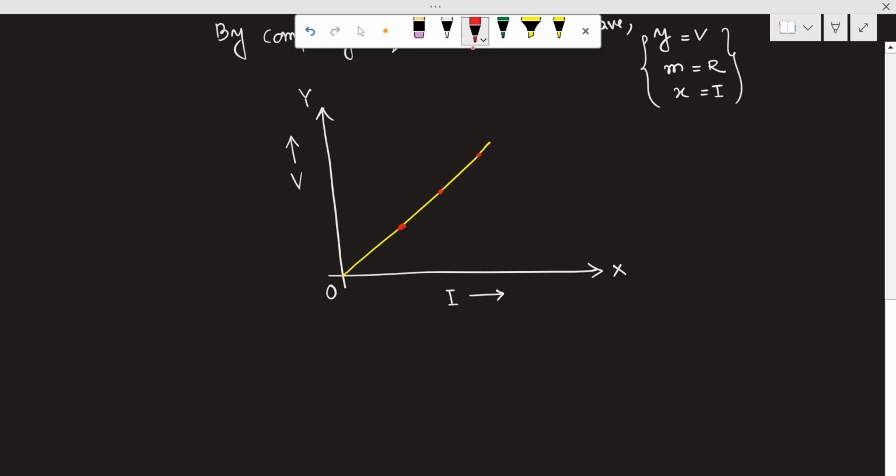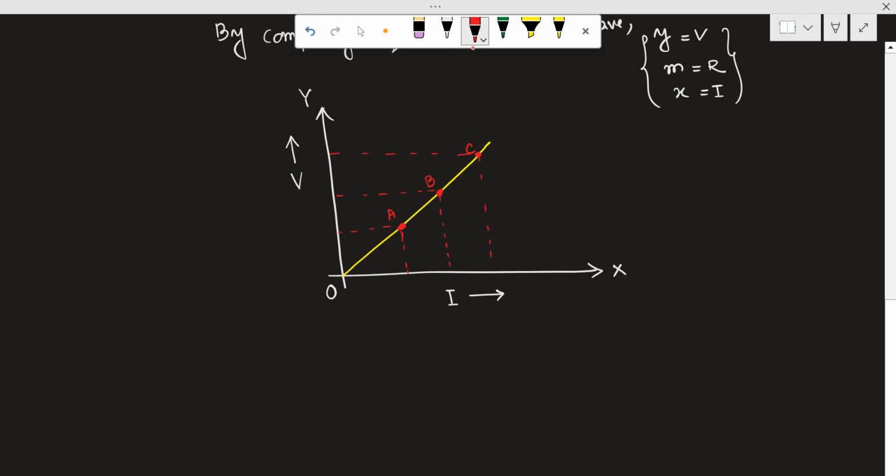If we consider 3 points, like one point is A, another point is B, and this is the point C, and try to draw a perpendicular from the point A on x-axis and y-axis, again from the point B to x-axis and y-axis, again from the point C to x-axis, and from the point C to y-axis.